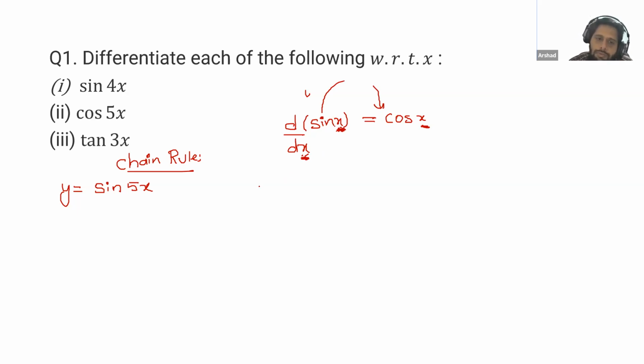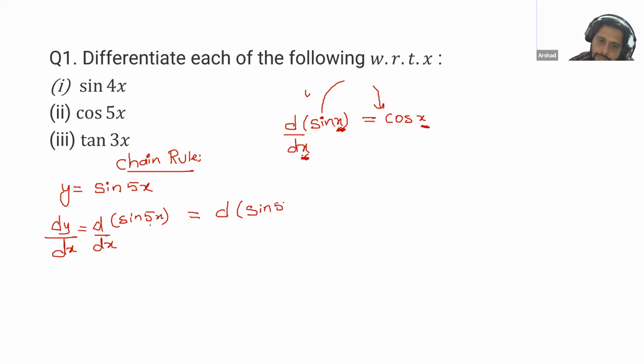Now please check here. For example, in this case, if we differentiate dy with respect to x, that is d sine 5x with respect to x. We can't differentiate this directly because this angle and the variable are different. What we will do is apply the chain rule. We write sine 5x and differentiate it with respect to 5x.